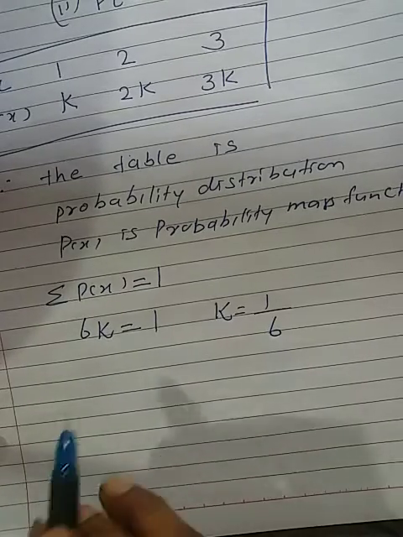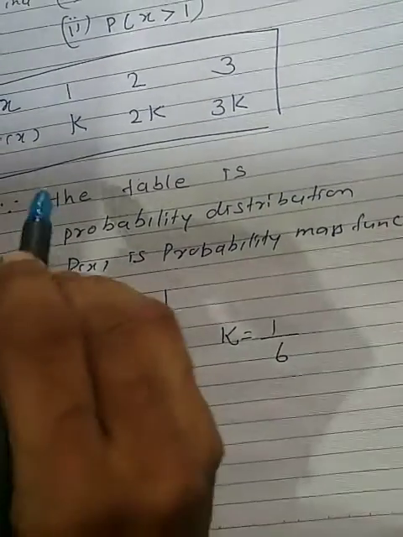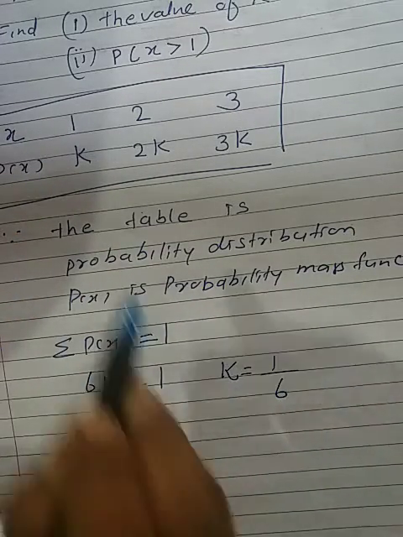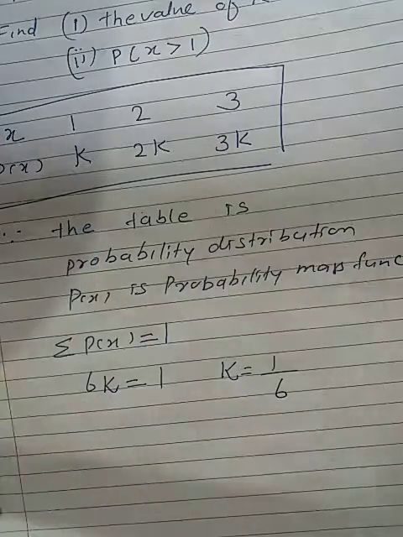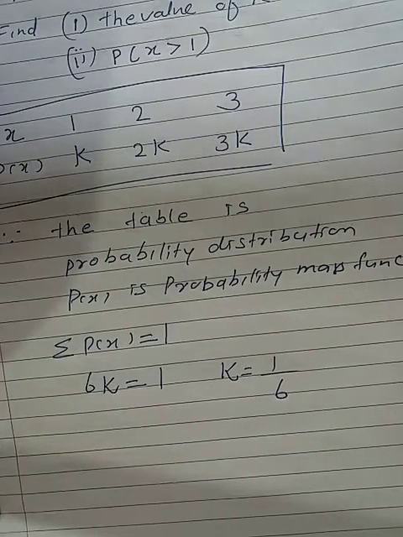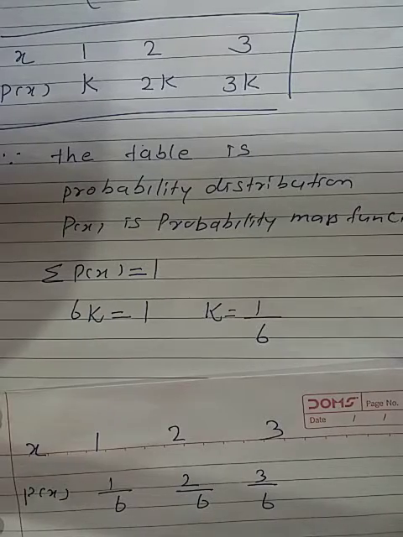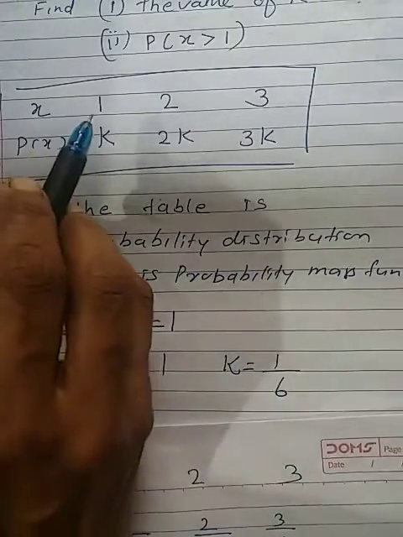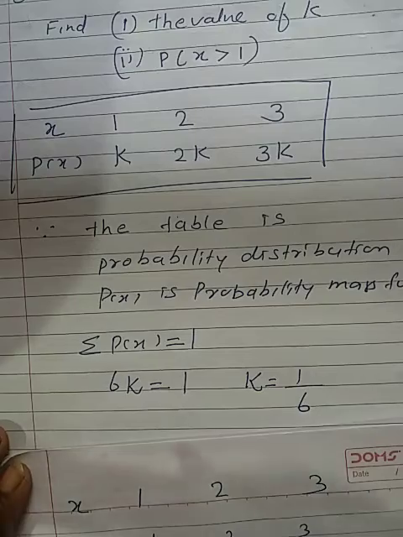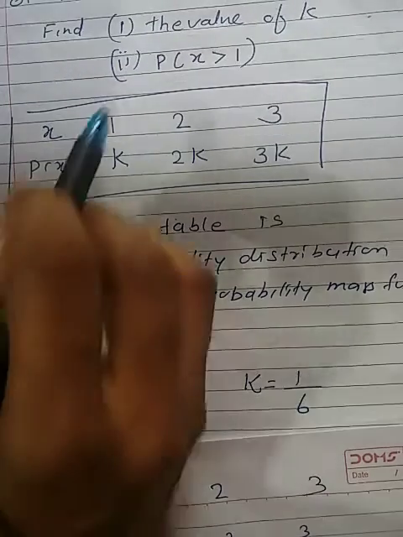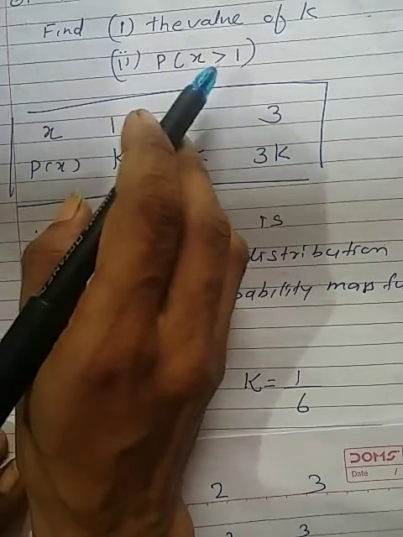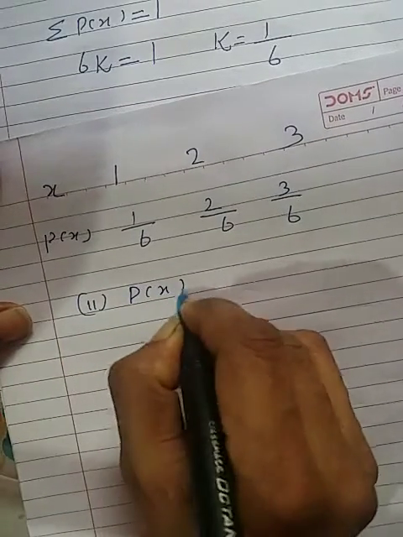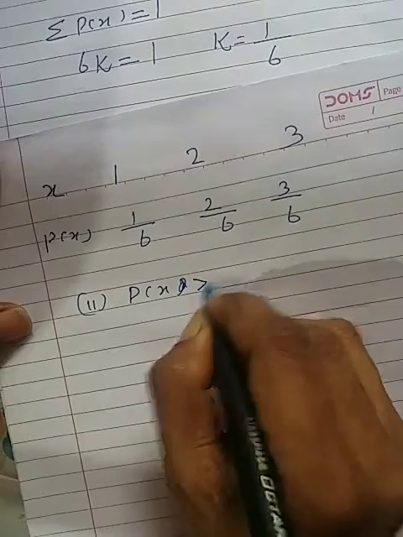Now we are converting the given question by removing k. This k will convert into 1 upon 6, 2k into 2 by 6, 3k into 3 by 6. The given question is converted like this because we substituted the value of k. Now the second part of our question, P of x greater than 1.